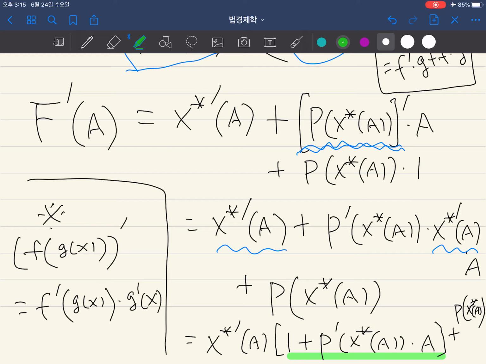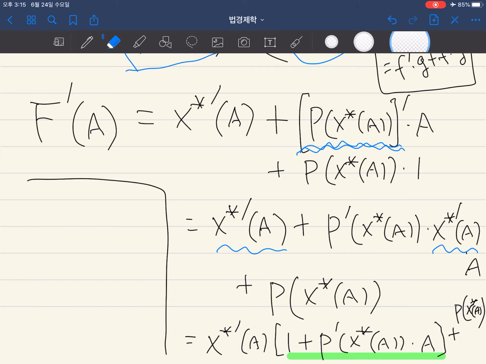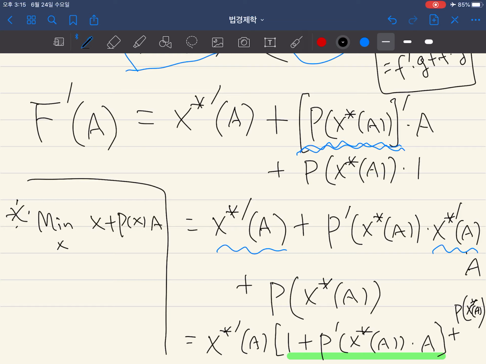And we know that this green expression is equal to 0 because of our usual problem. Remember, if we solve this problem, we have to take the derivative and set it equal to 0. Then we get the solution x star a.